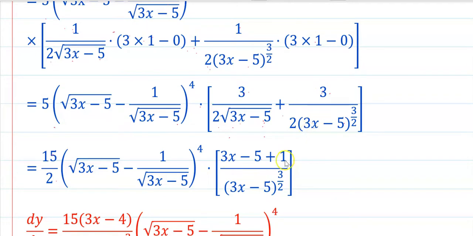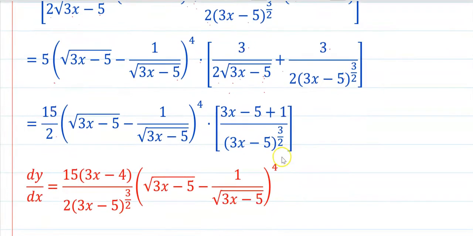This is 1 upon 3x minus 5 raised to 3 by 2. 3x minus 5 plus 1. Then you get minus 4. Okay. Therefore, 3x minus 4 upon 3x minus 5 raised to 3 by 2. हे टर्म आपण इथे पुढे घेतलेलं आहे. आणि हा ब्रॅकेट लिहिलेला आहे.